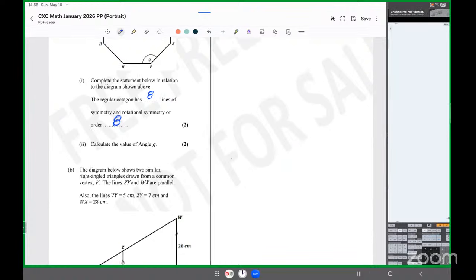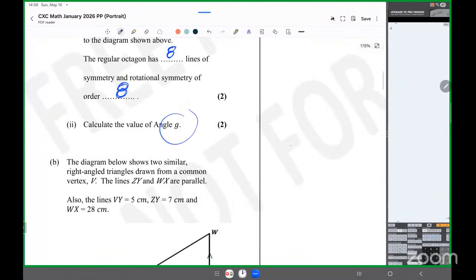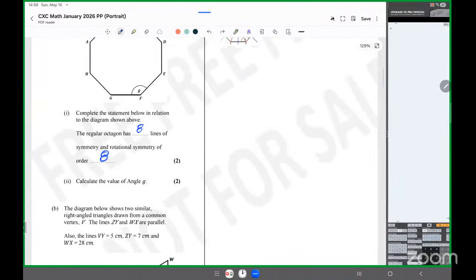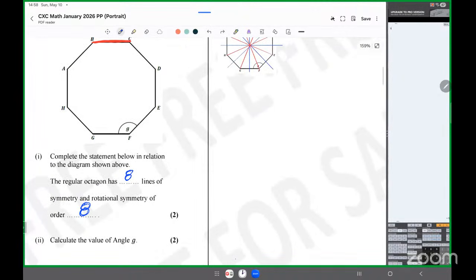How many times will it look the same? All right, let's go. This one wants us to calculate angle G. Let me tell you something. Whenever you get a polygon in a calculation, a lot of the time it is easier to work with the exterior angle, because the total exterior angle is always 360 degrees.